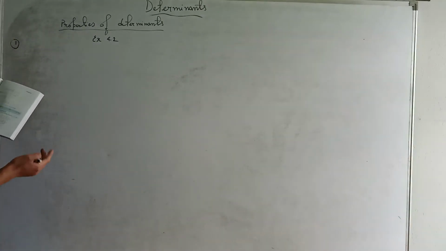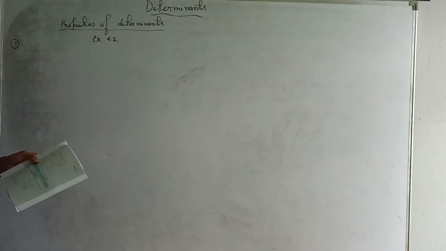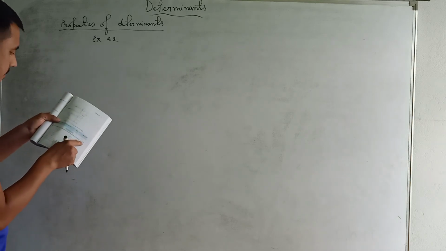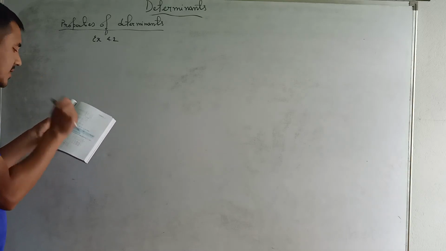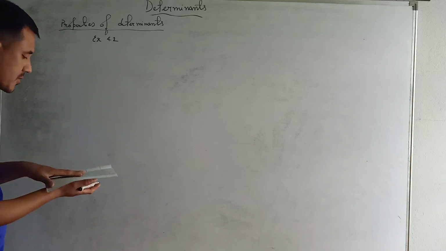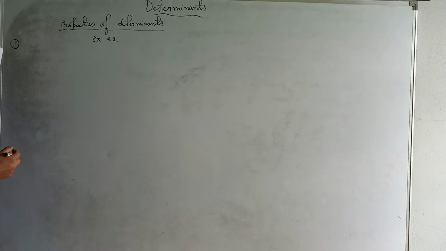So using the properties of determinants and without expanding. No expansion should be done. In exercises 1 to 7, using the properties of determinants only and without expanding, we are going to solve.